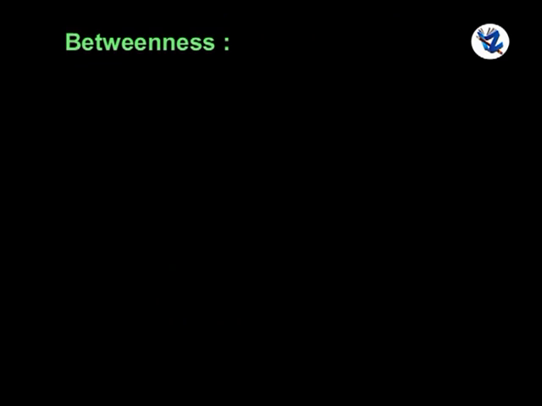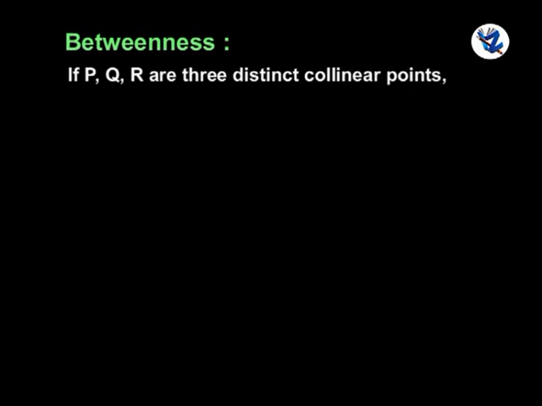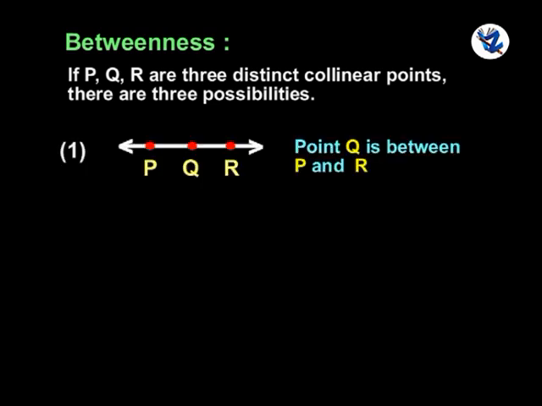Now let's see about betweenness. If P, Q, R are three distinct collinear points, there are three possibilities.